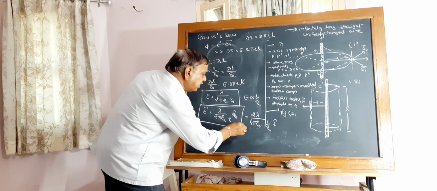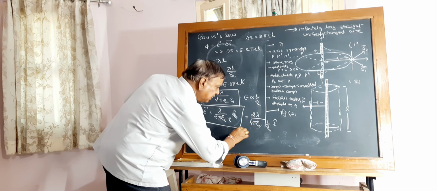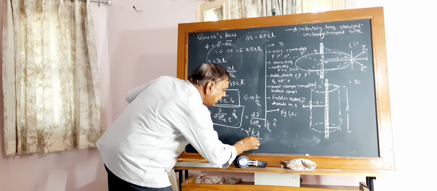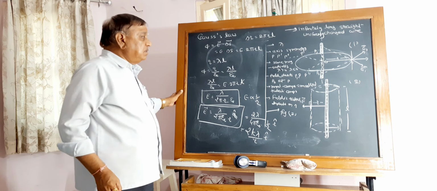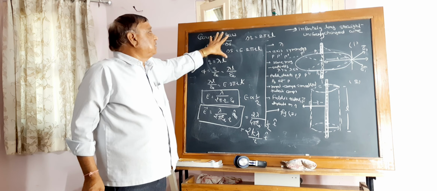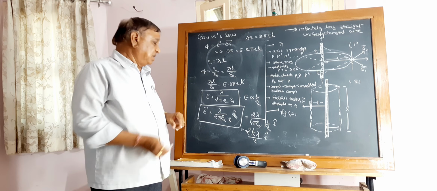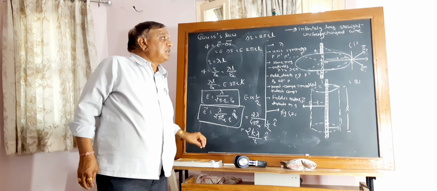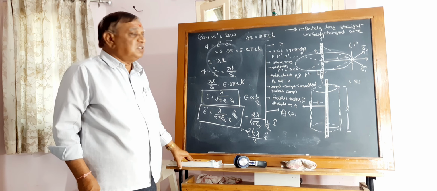In vector form, since 1 upon 4 pi epsilon 0 can be written as k, this is 2 k lambda upon r times r cap, where k is the Coulomb constant. So we have discussed two topics. First, Gauss law, and first application of Gauss law, the electric field due to an infinitely long, uniformly charged straight wire.